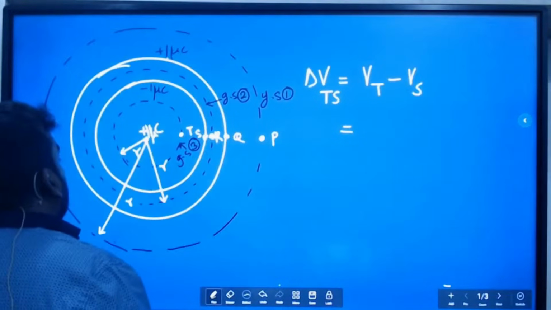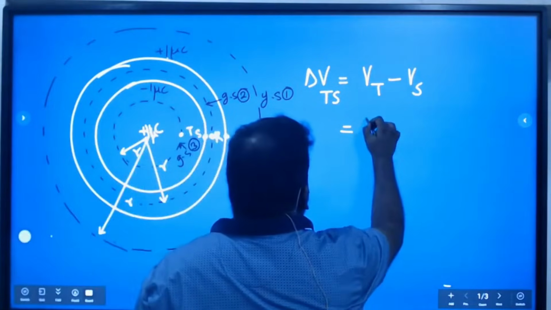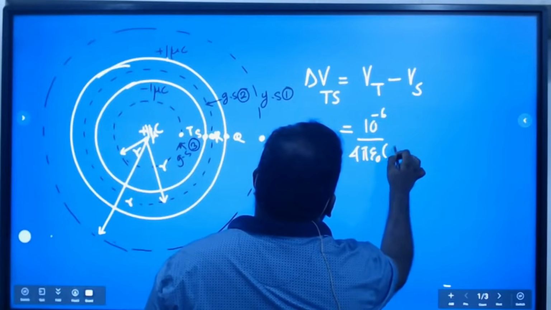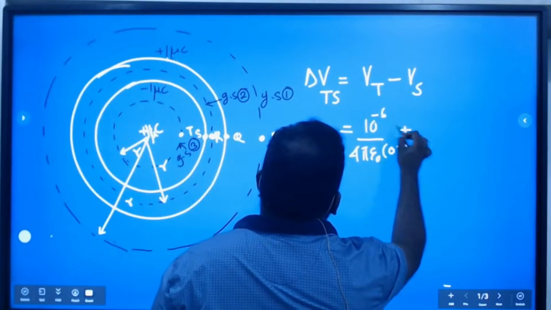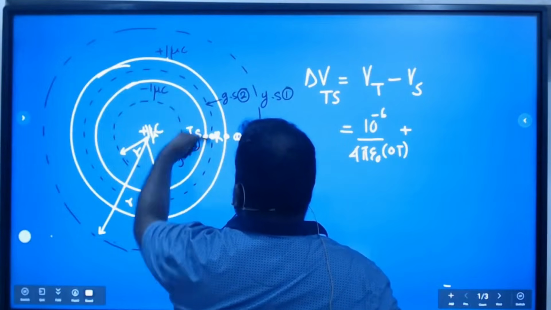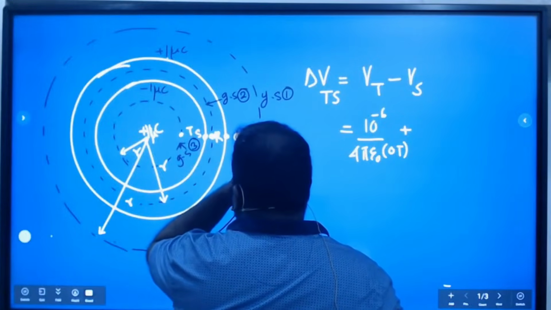So what is the potential at T? Because of the point charge, it is the charge over 4 pi epsilon naught times OT. Because of the minus charge, T is inside the sphere, and the potential on the surface and inside are the same.